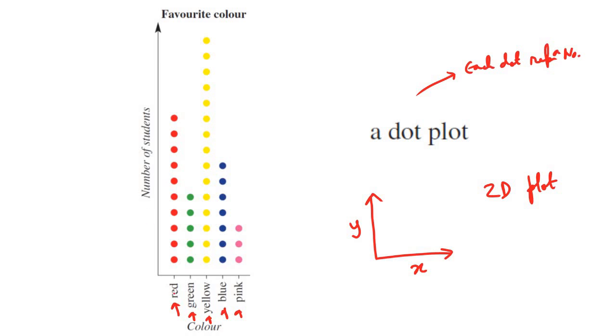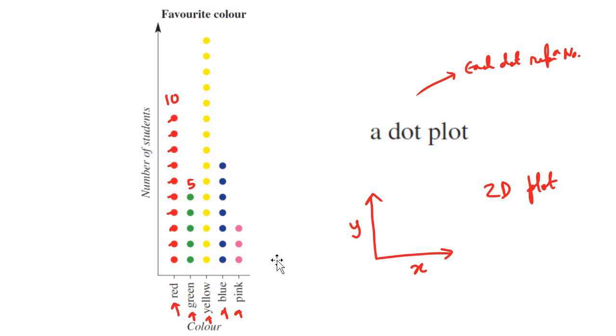If you see the red color, how many students chose red? 1, 2, 3, 4, 5, 6, 7, 8, 9, 10. So overall 10 students. What about the green color? 1, 2, 3, 4, 5 students. This is how you interpret.